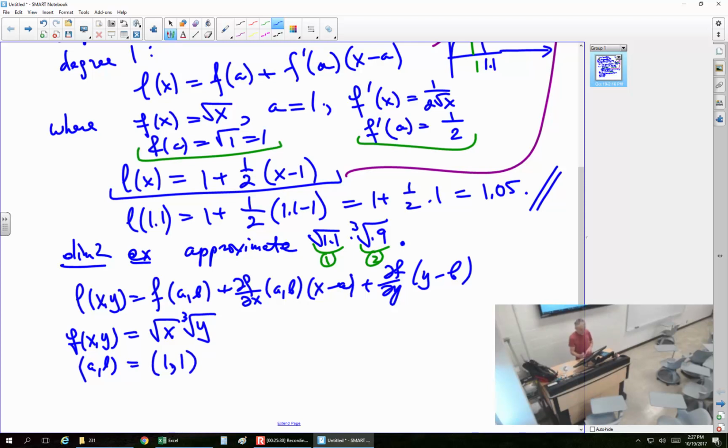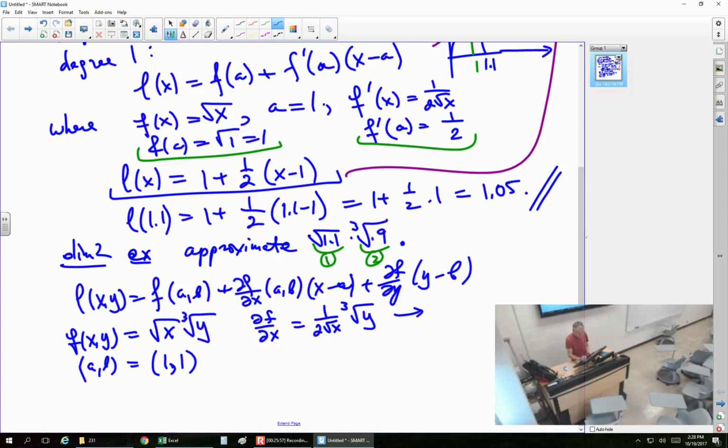Then we're going to need the partial derivatives. Well, let me compute the partial derivatives. So I already have my df/dx, which is 1 over 2 square root of x times cubic root of y, okay?